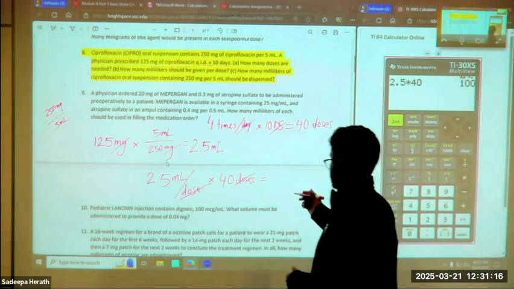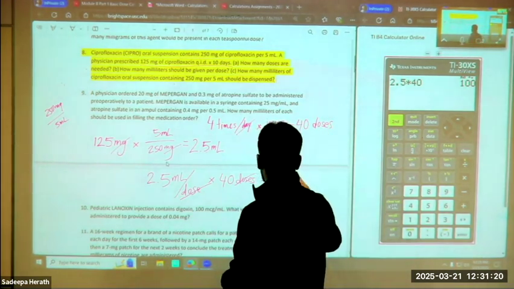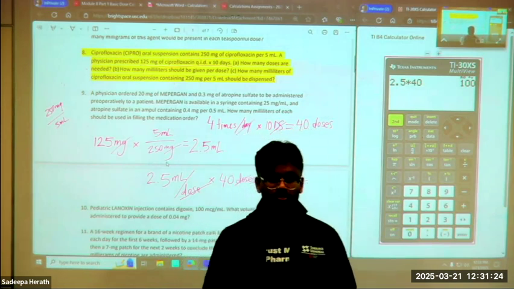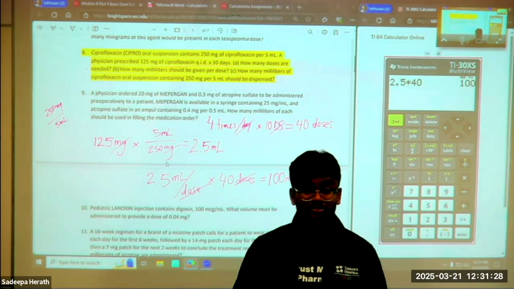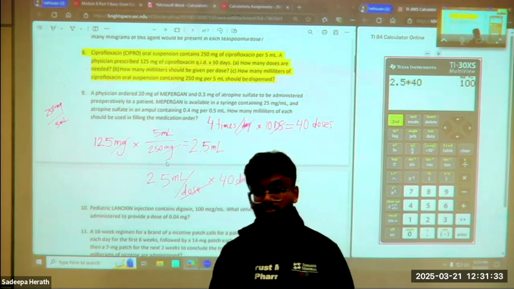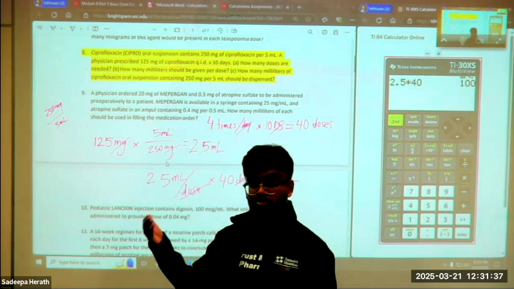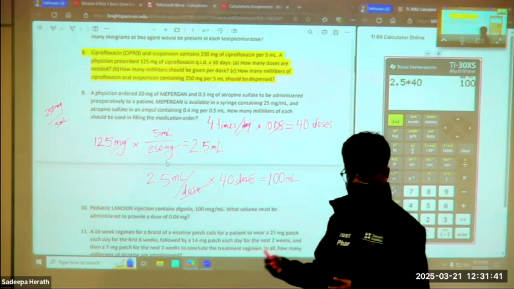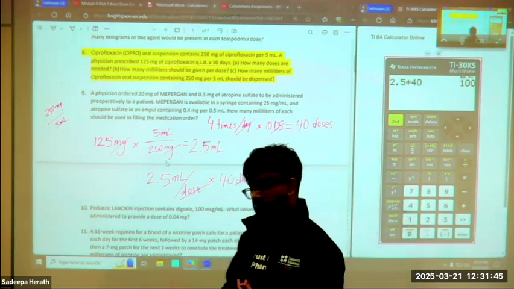How about that? Just number-wise, it's cool to calculate it that way, but in a real life situation in a pharmacy, it might be easier to go step by step, go with the daily dose, and then the total dose per day supply, right? See how I did 2.5 times 4, that's 10, 10 times 10 days, 100 ml.